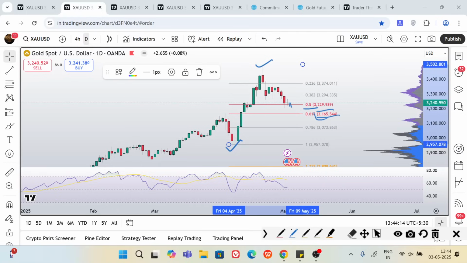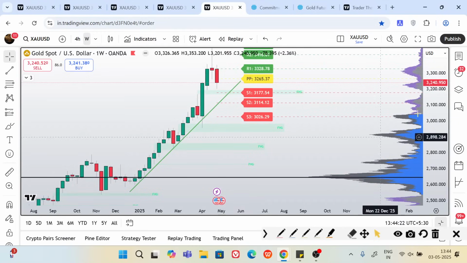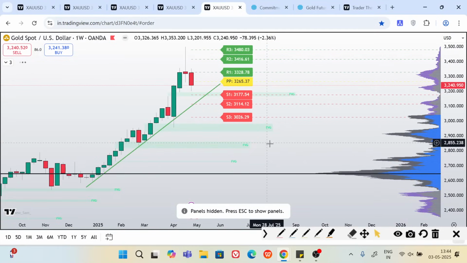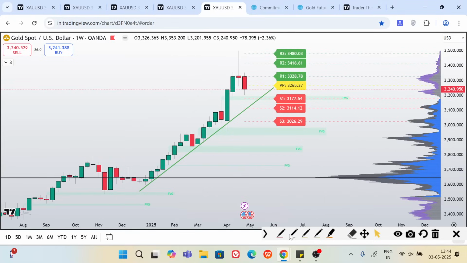Now if we talk in terms of the bigger picture, that is on weekly time frame, let me show you the price action on weekly time frame. So on weekly time frame, you can see price previously moving with a very good pace. This is the weekly chart, and now from last 2 weeks, this was the rejection from the previous week, and this is the current week that closed.